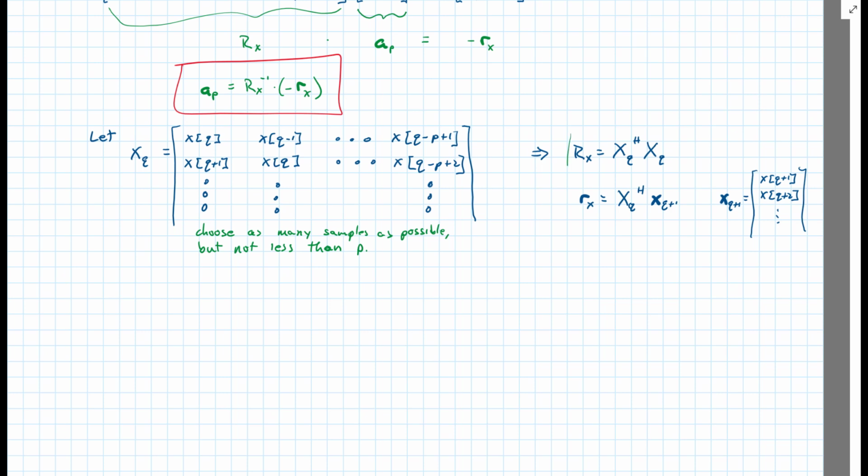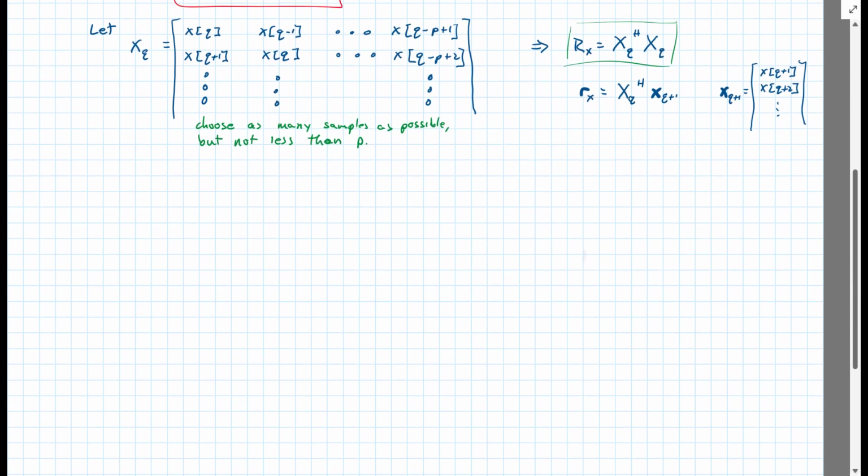It's because this is formed as an outer product. And so the rank of that outer product is going to be the minimum rank of x of q. And if x of q has too few samples, for example, if we only had 2 rows, then that rank would just be 2. And then it wouldn't be invertible, and we would have a hard time solving things.